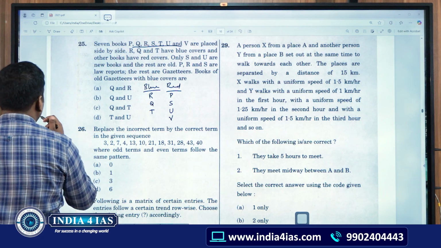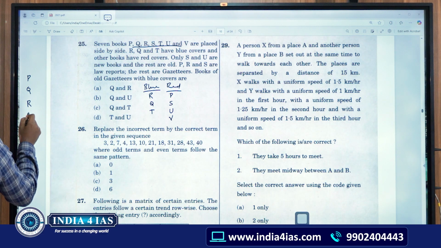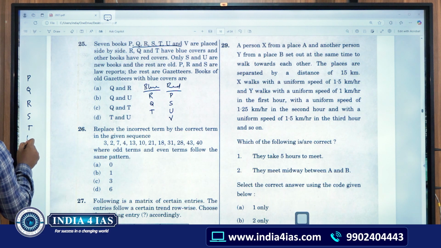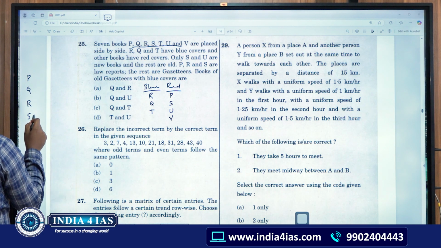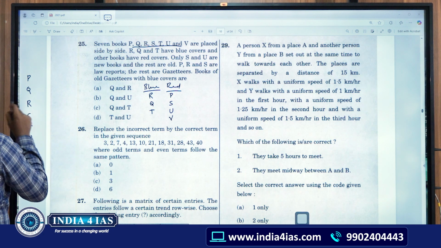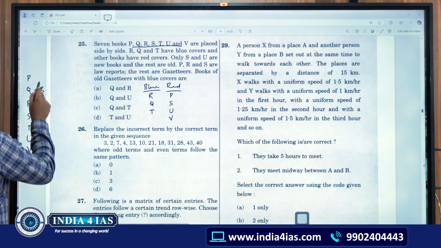Okay. So here we have to construct the table for all these things. P, Q, R, S, T, U, V. If I take the color, R, Q, T are blue in color. The rest are red in color.